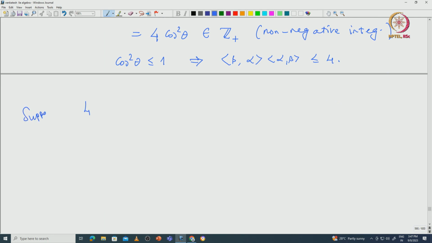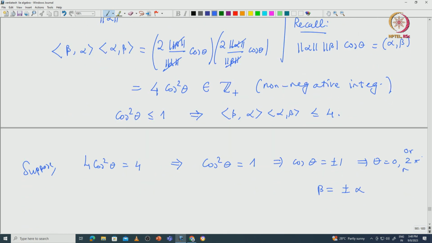Suppose 4 cosine squared θ is equal to 4. Then cosine squared θ is 1, so cosine θ is plus or minus 1. That would force θ to be 0 or π, so β must be a multiple of α, plus or minus α. That cannot happen because we assumed that β is not a multiple of α. So, it cannot attain 4.